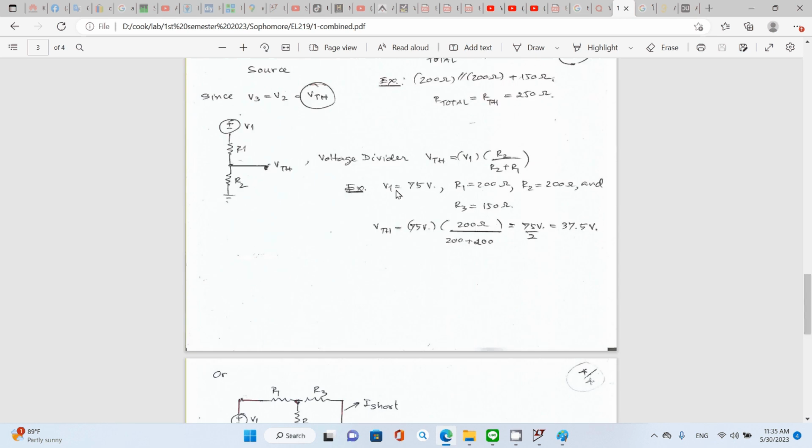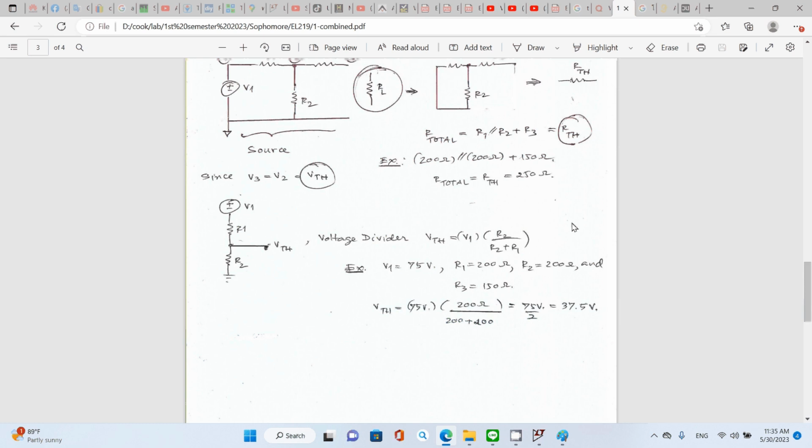In this case, V1 equals 75 volts, R1 is 200 ohms, R2 is 200 ohms, and R3 is 150 ohms. So your VTH is going to be 75 multiplied by 200 divided by 200 plus 200. And you end up with VTH equal to 37.5 volts.